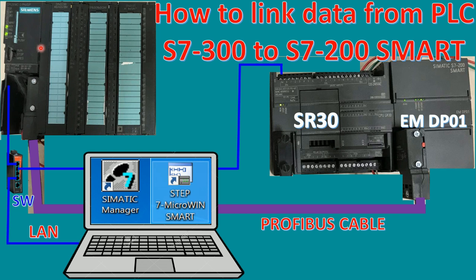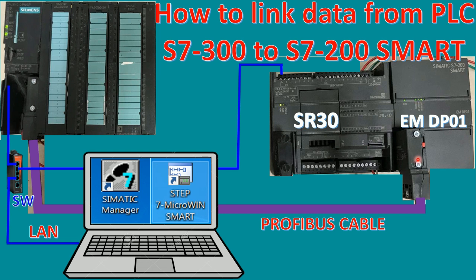Okay, so in this case, we can select whether we want slave or master for PLC S7-300. And for PLC S7-200 SMART, we have the EM-DP01. It means the Profibus slave module that is connected with the CPU SR30.